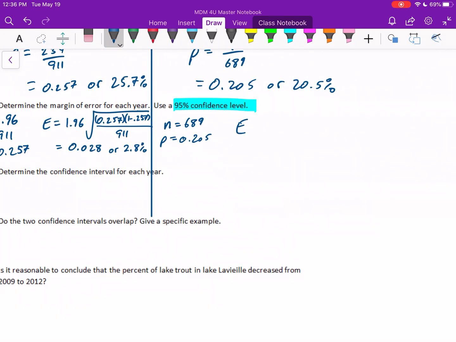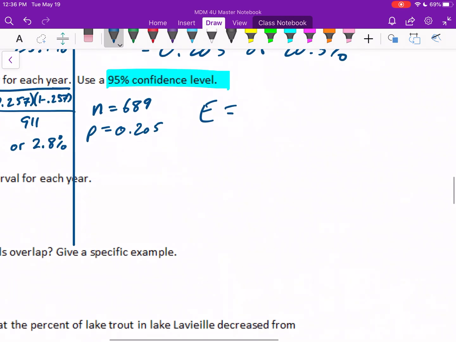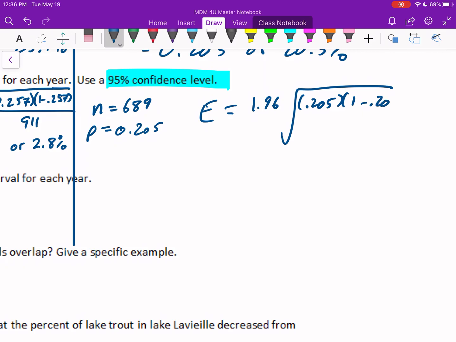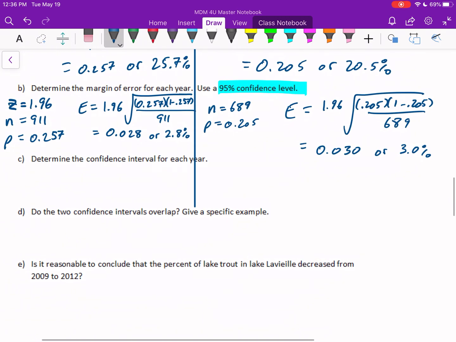I use the same formula, same z-score, and that works out to be 0.030 or 3%. All right, so now I've got a margin of error for each of these.